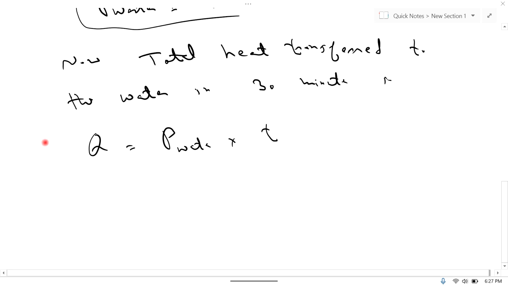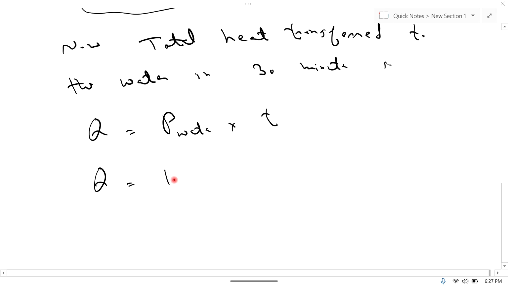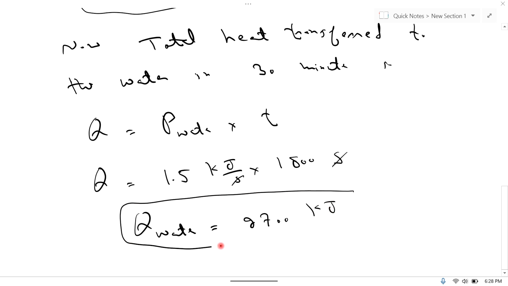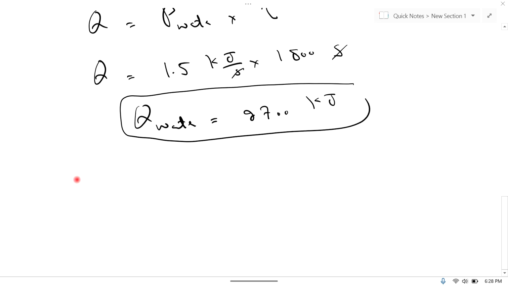So Q is equal to 1.5 kilowatt, and kilowatt is equal to kilojoule per second, and time 30 minutes is equal to 1800 seconds. So second will be cancelled with second, and heat transfer to the water is equal to 2700 kilojoule.